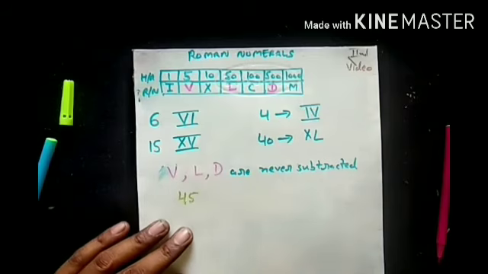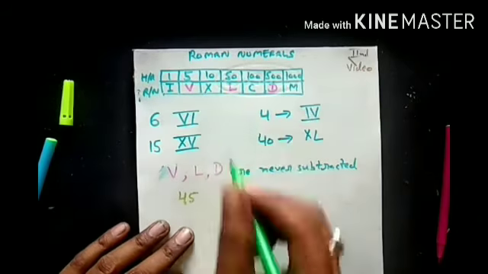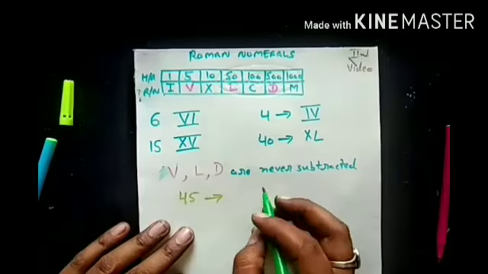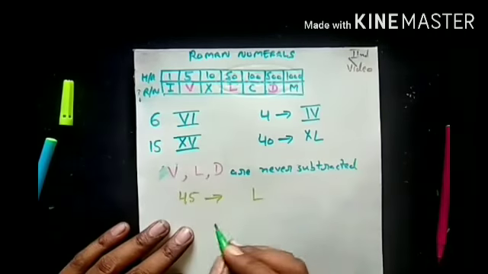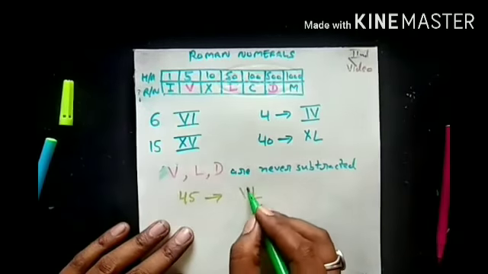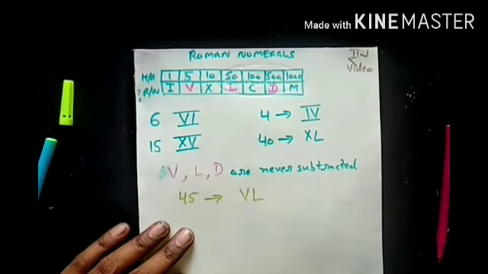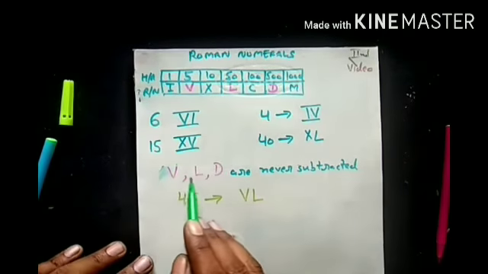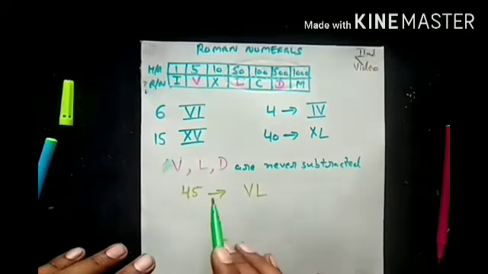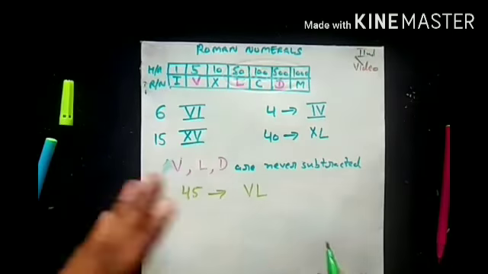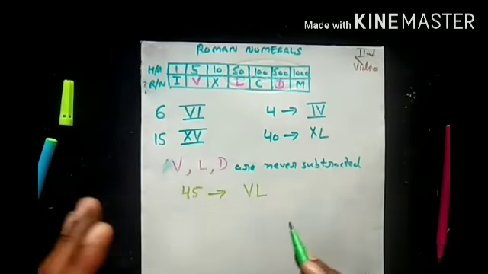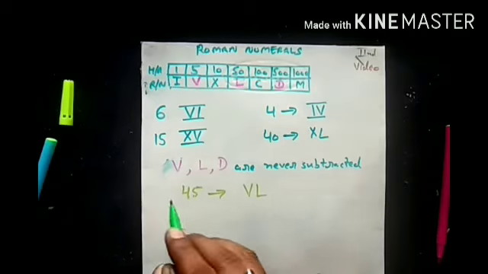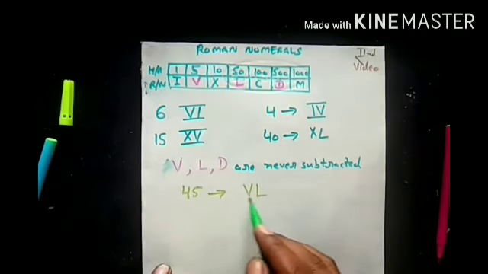Then you will think that this is 50 and this is 5. The symbol for 50 is L and you would write V before it, but this is not right. As written here, V, L and D are never subtracted, so these cannot be written on the left hand side of a larger number. Clear? So you have to keep this in mind.